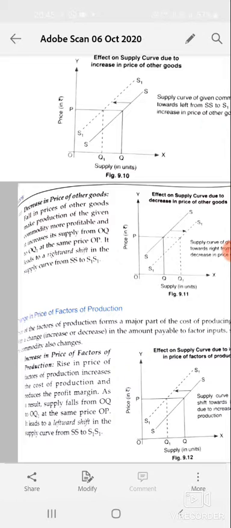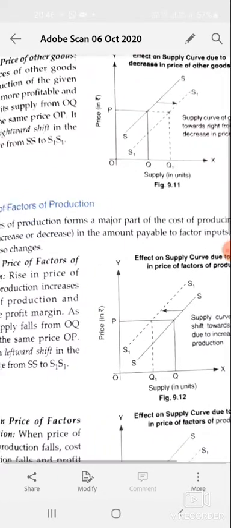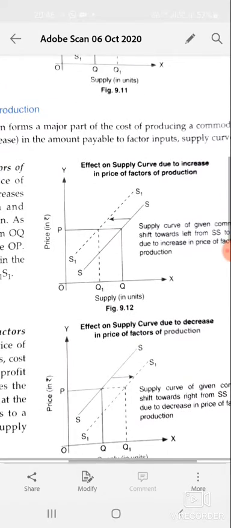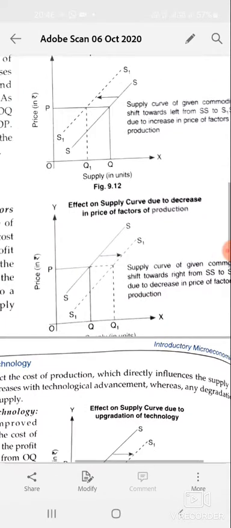So when the producer is getting more profit margin, the supplier will supply more units of the commodity, as you can see in the graph, figure number 9.13. This is the second part of change in price of factors of production.